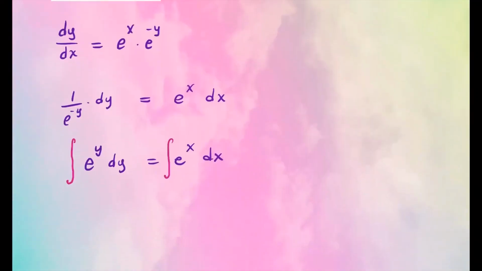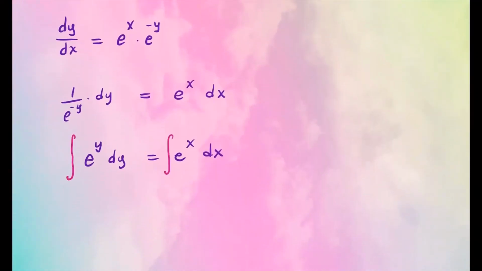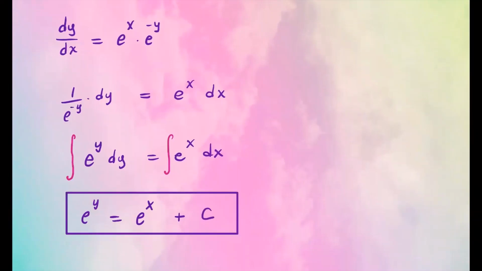The left-hand side, if you integrate e to the y with respect to y, you get e to the y. And on the right-hand side, of course, if you integrate e to the x with respect to x, you also get e to the x. Now, since we have an integration constant that we need to write down, I'll just put that on the right-hand side. And that's really our answer. This is our implicit form of the answer.